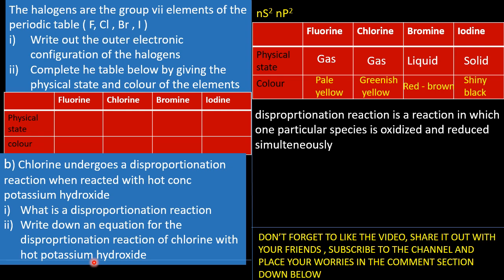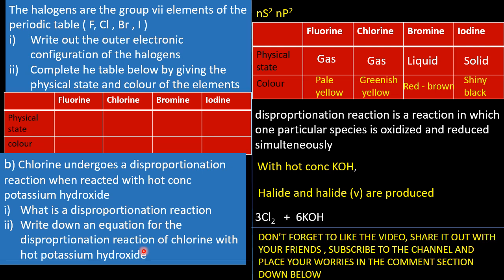So with hot potassium hydroxide, guys, we expect halide and halate 5 ions to be produced. Halide means we have the metal halide, and we have the oxo halide whose oxidation state is 5.